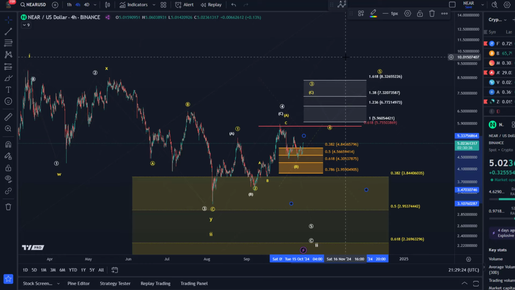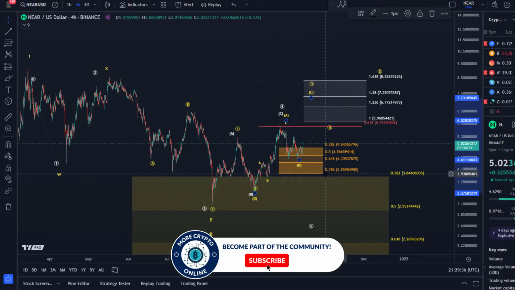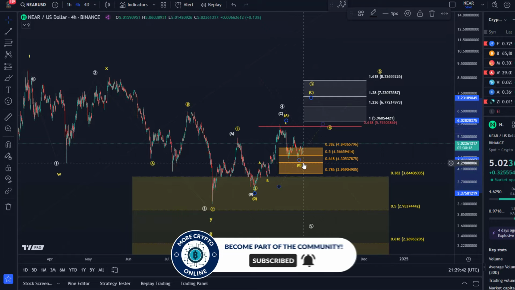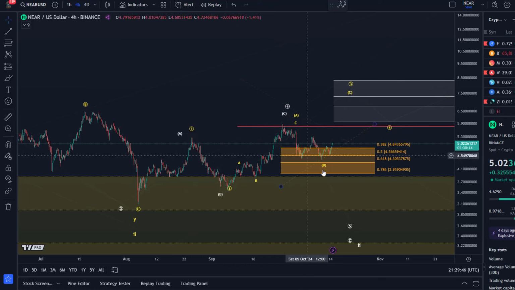Overall, it's important that the price doesn't break below that support area. As I said, in the short term, $4.40 is the invalidation point, but technically speaking, that B wave could test the support area a little lower. $3.95 then is key support. Below that level, the white count becomes more probable. And the white scenario actually shows a possible 5-wave move to the downside.